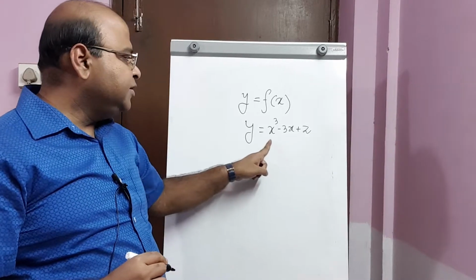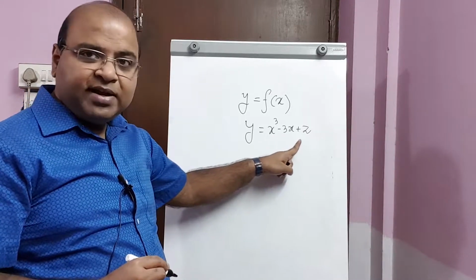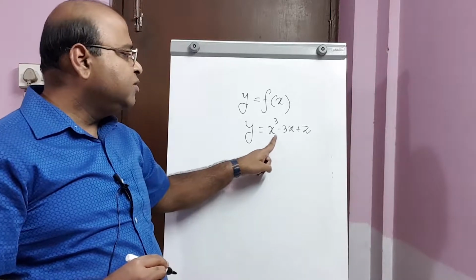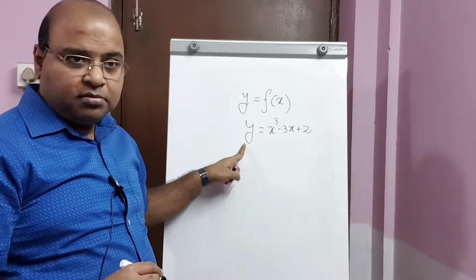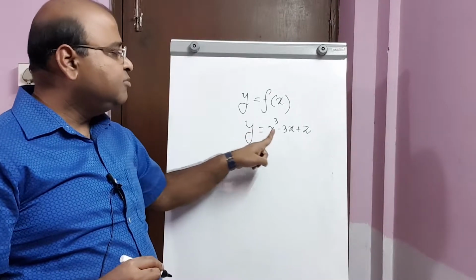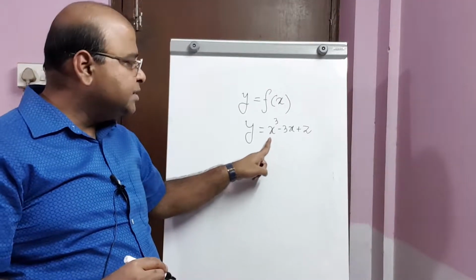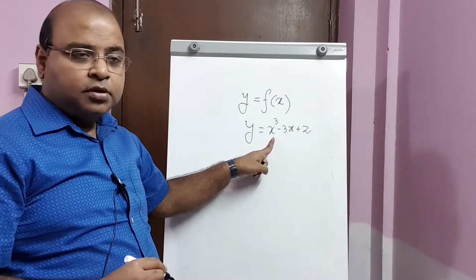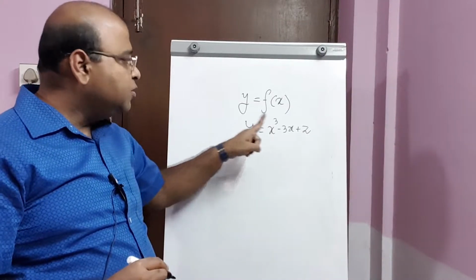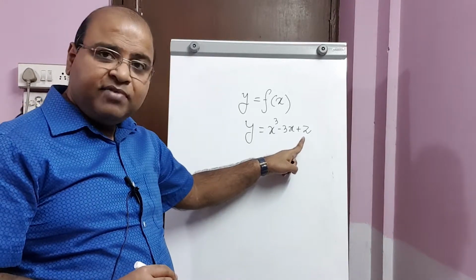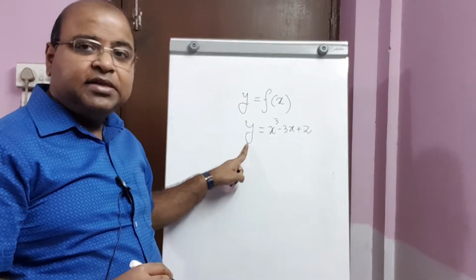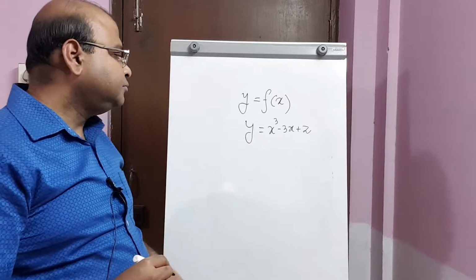As we observe here, x acts as the independent variable, because first we have to input the value of x to obtain the value of y. So the value of y depends on the value of x. x is free to take any value. The value of y depends upon the input of x. So here x acts as the independent variable and y acts as the dependent variable.